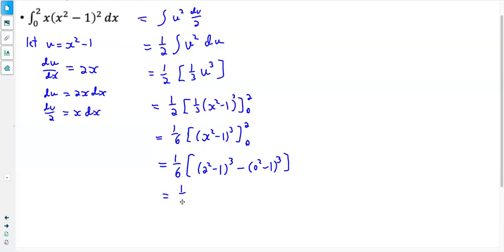So that would give us 1 over 6 times, let's see, 2 squared is 4, minus 1 is 3, 3 cubed is 27, minus 0 squared is 0, minus 1 is negative 1. Negative 1 cubed is negative 1. So we've got minus and negative, so that would be plus 1. So that gives us 28 over 6, which reduces to 14 over 3.